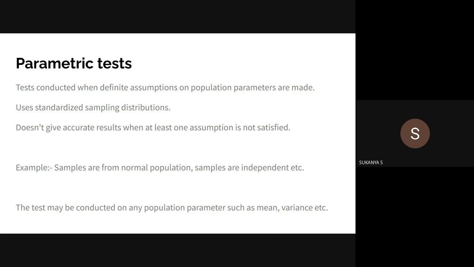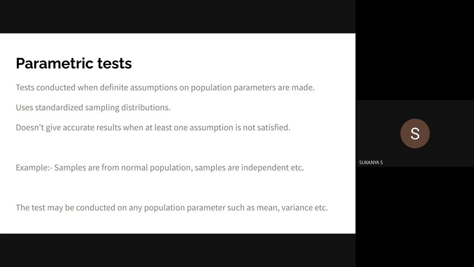The data behaves differently. That's why we have so many standard distributions. So when that assumption is not satisfied, the issue with parametric tests is that they don't give you accurate or appropriate results. That is a problem with parametric tests.